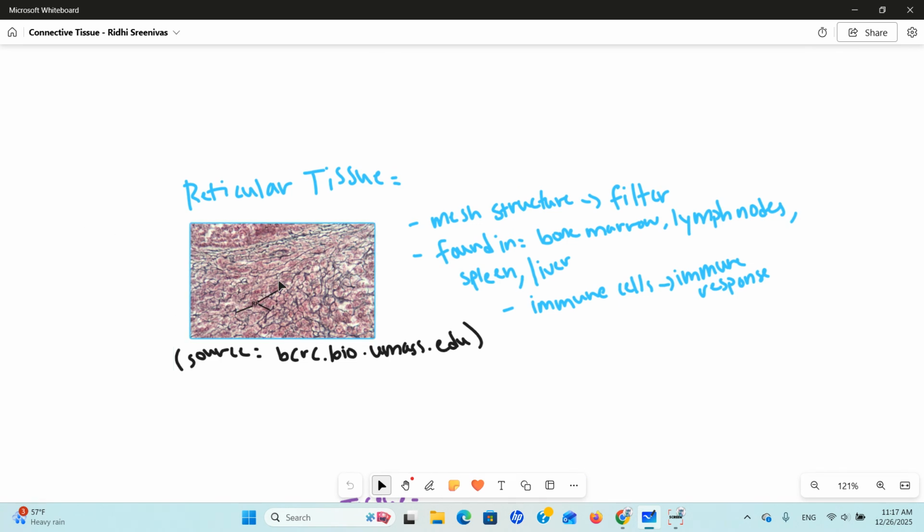Reticular tissue also contains large concentrations of immune cells, helping support immune functions and responses. And especially with this mesh-like structure, it can help trap pathogens, helping with the immune response in total as well.